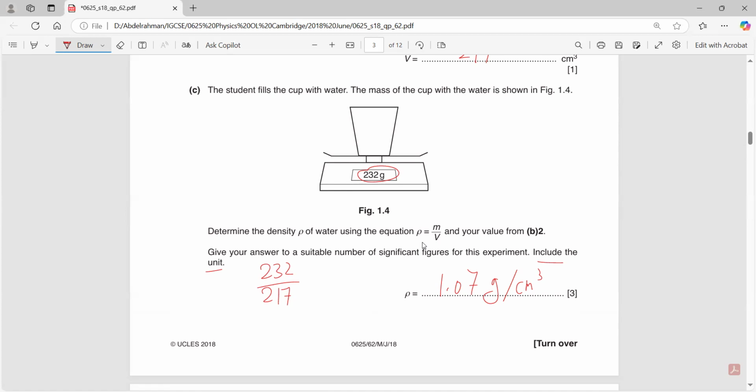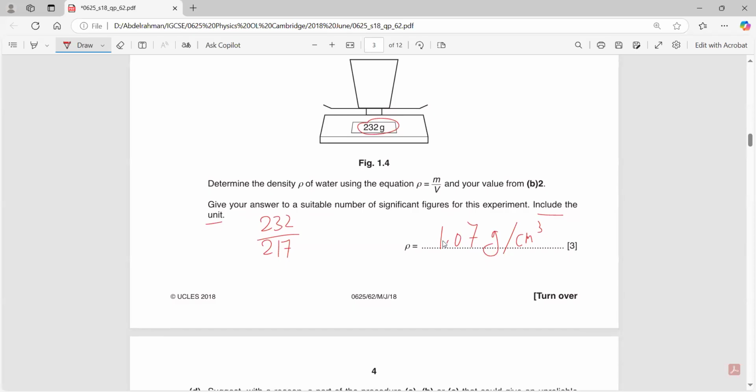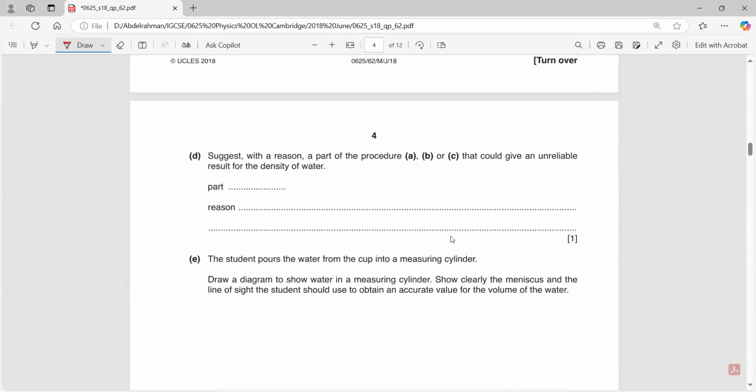The mass of the cup could be a couple of grams. So you need to first find the mass of the cup on its own without the water, and then subtract it from the total mass to find the mass of the water alone in order to find the density of the water.